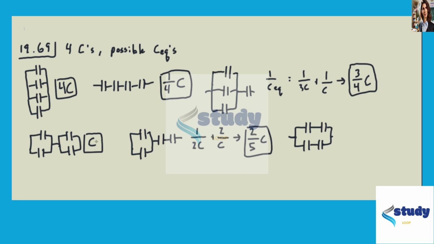Similar to this one, we get C, because here we have C/2 in parallel with C/2, and so that's just C, which is not a new value. So this isn't going to count if we were wanting to number how many we have. This is redundant with this one.